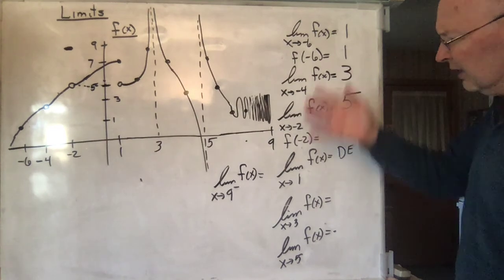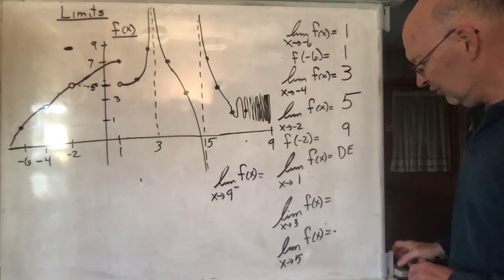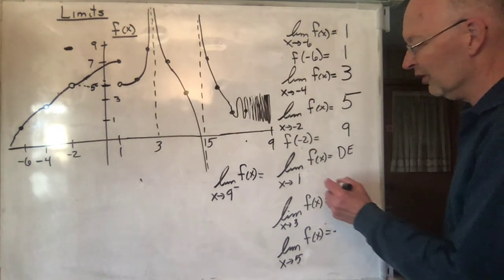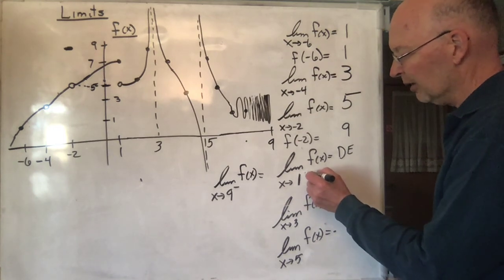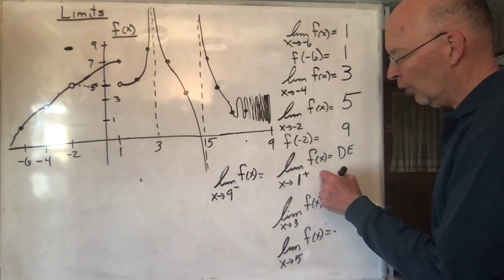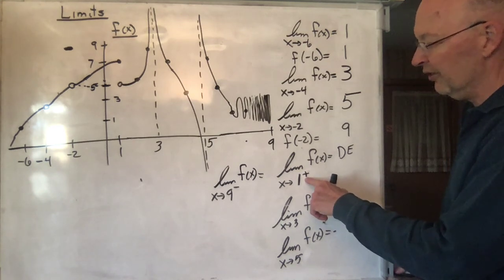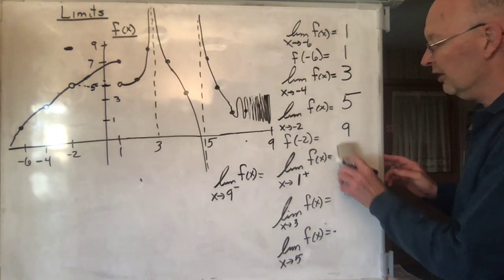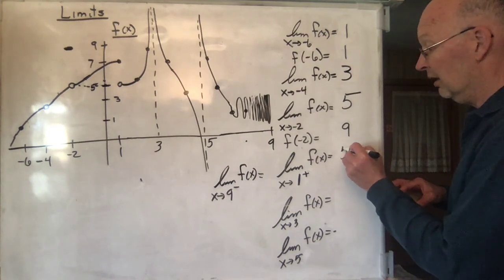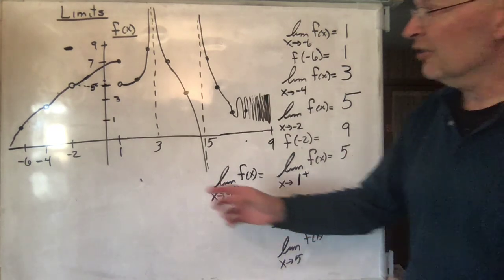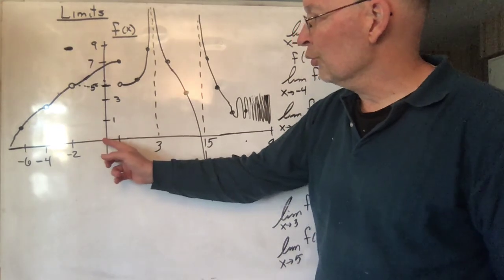So the whole idea of these limits is just to give as much information as possible about the function. So here's what we do. We say, hey, this is called a one-sided limit. The limit as you approach 1 from the right, so we put a little plus there to indicate you're coming in from the right, and the limit there would be 5. And now you can probably anticipate what would happen if we would approach 1 from the left.